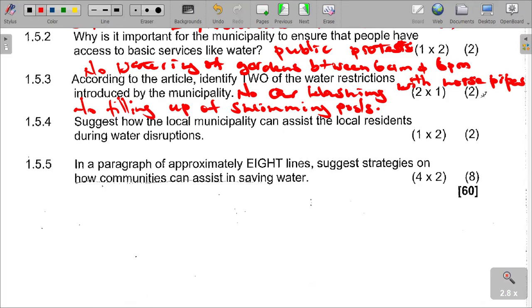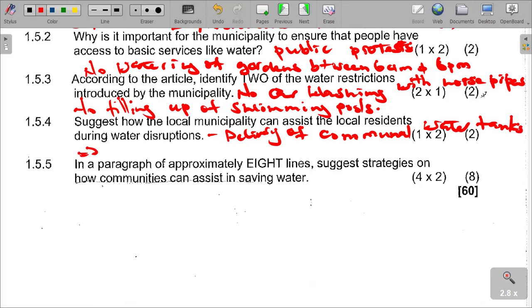And then, suggest how the local municipality can assist the local residents during water disruptions. The municipality has to deliver communal water tanks.